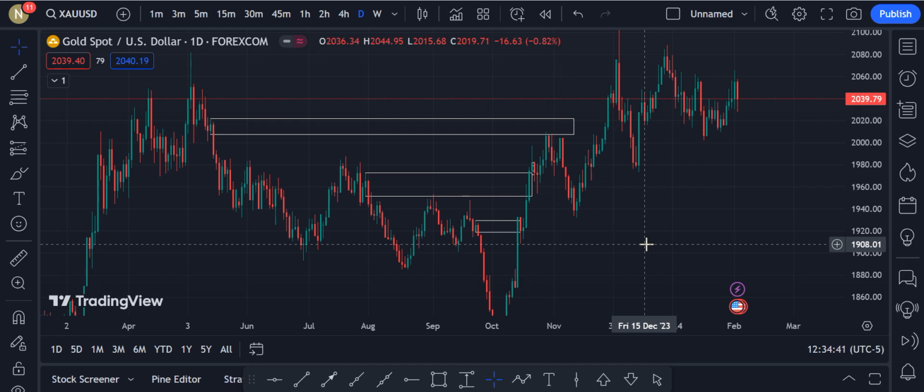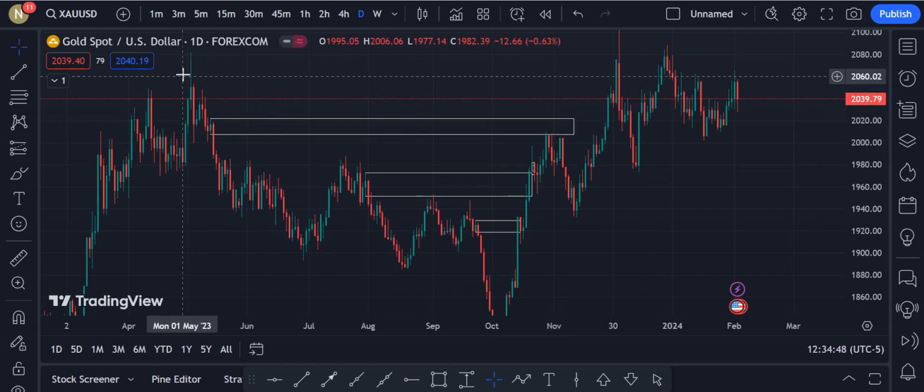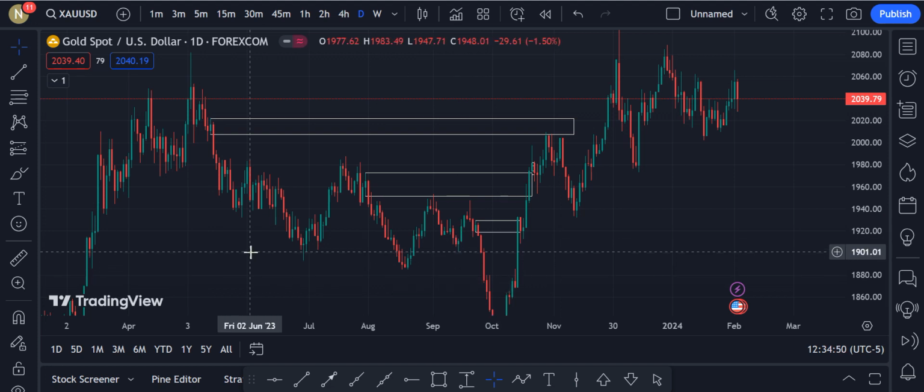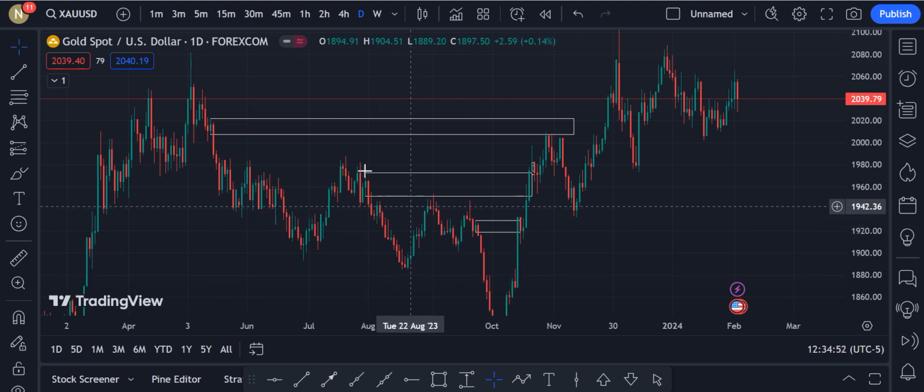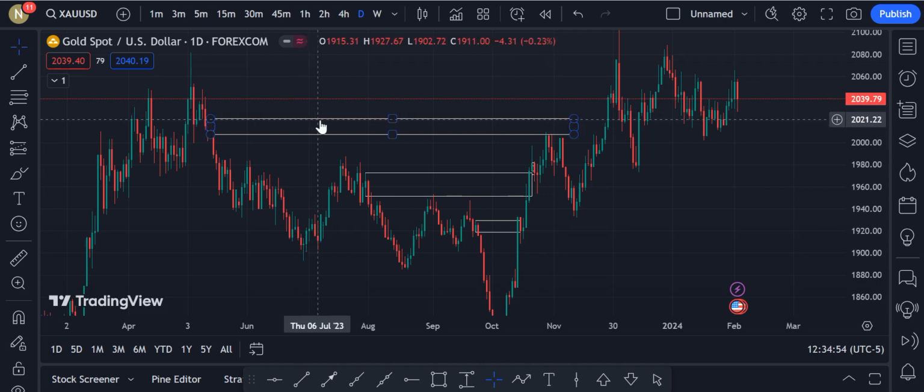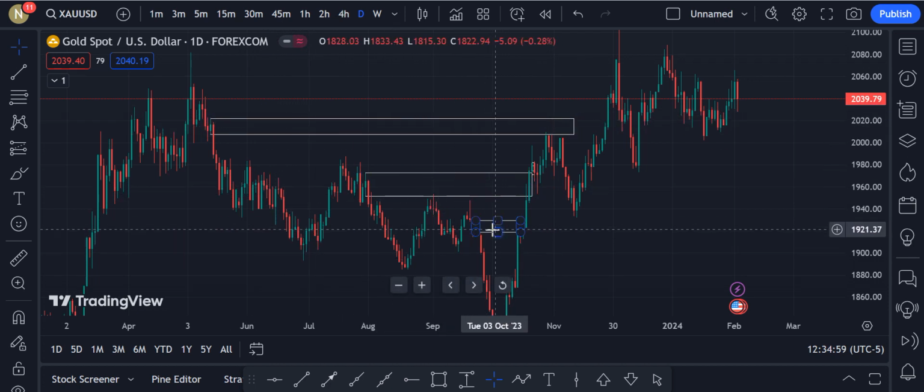Now let's look at this case in point. This is gold against the US dollar. Here we had a strong drop, and if you're critical, there are some order blocks that I spotted. Do you see this first order block here? Do you realize why the market, when it came, never triggered it?